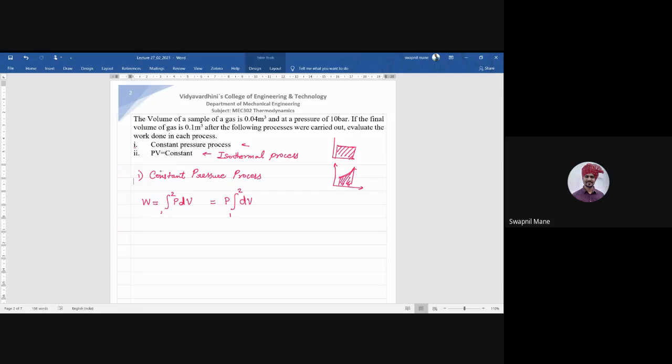That is nothing but the integral of dx. The integral of dx is x. Yes or no? Yes. So that will be equal to 10 into 10 raised to 5 in the bracket, final minus initial. Yes or no? Yes, sir. So this is how much?